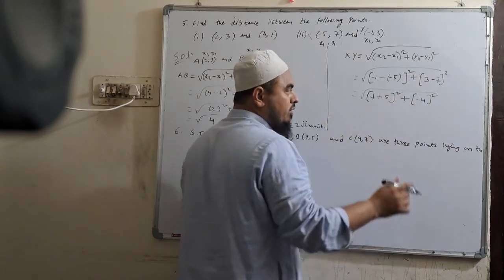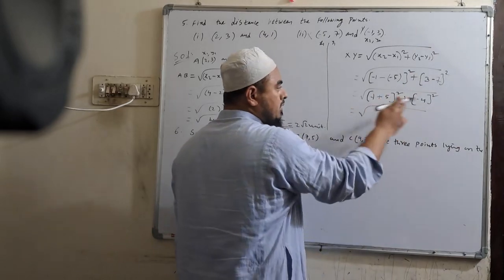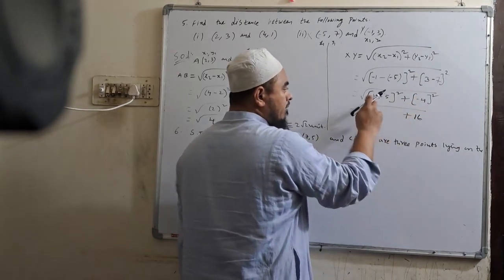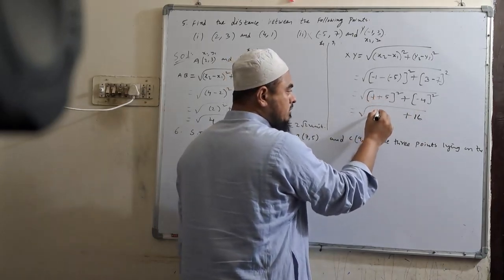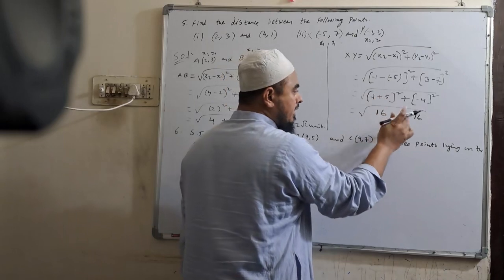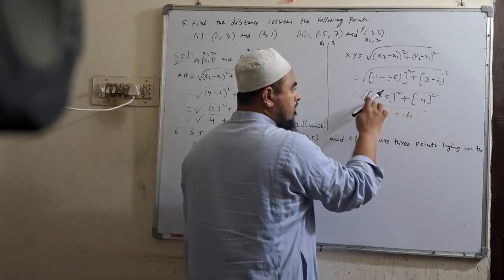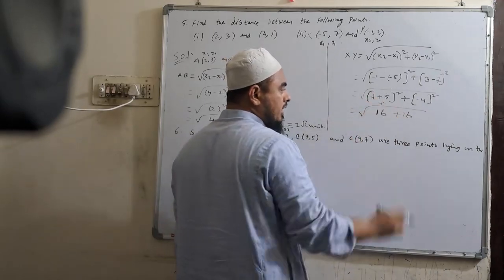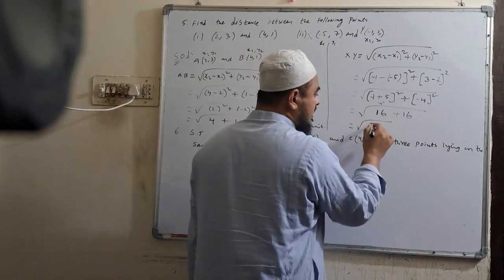So minus 4 square gives 16. Minus 1 plus 5 is plus 4 square, that is also 16. 16 plus 16 is how much?